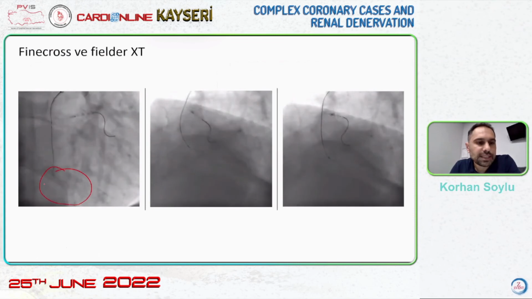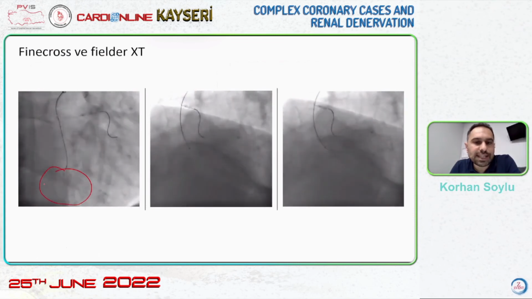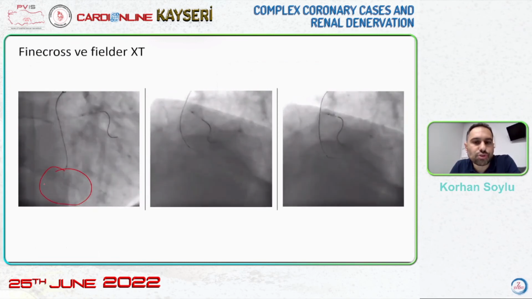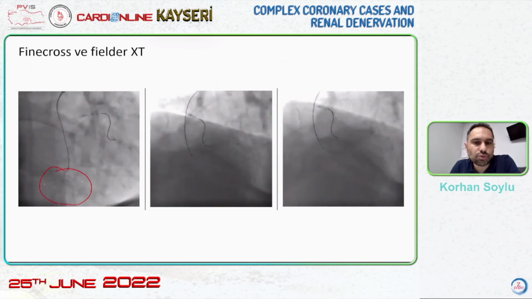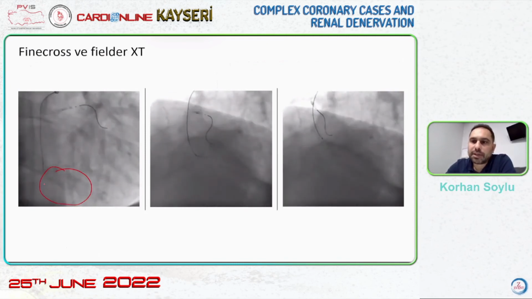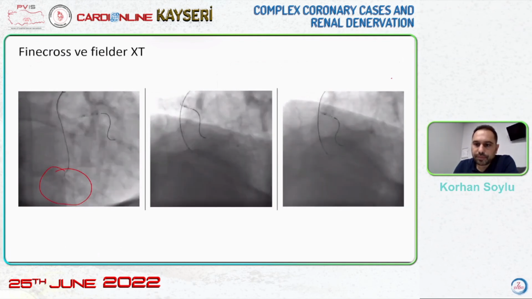Now our Filter XD wire is at the beginning part of the distal stent. And in in-stent lesions, while progressing, we need to control the wire from orthogonal positions. The wire is seen very good in one position, and in another position, actually, it is seen that it's not progressing there.